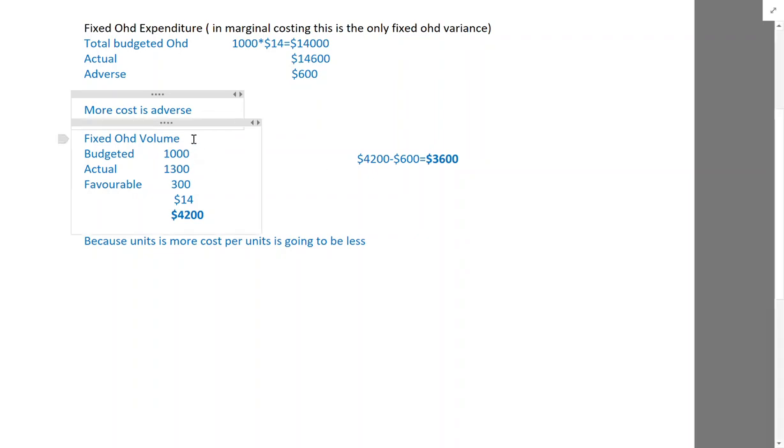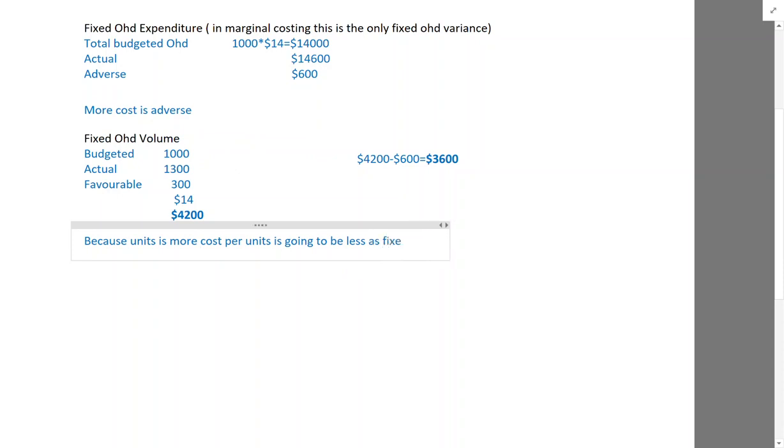But the units one is difficult to explain. Why is more units favorable? Because the cost per unit is going to be less, as fixed cost reduces per unit. This is what you study in F2.